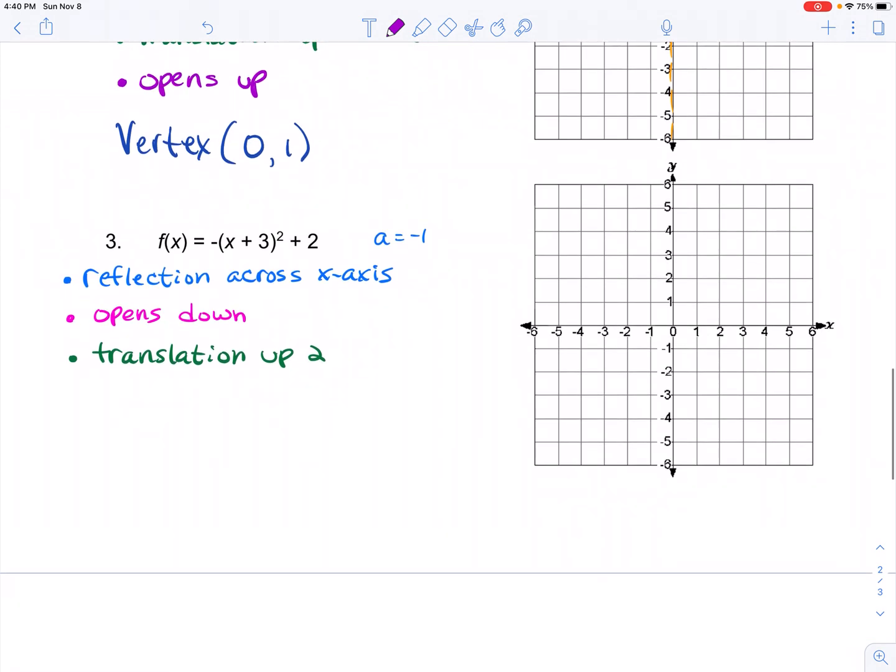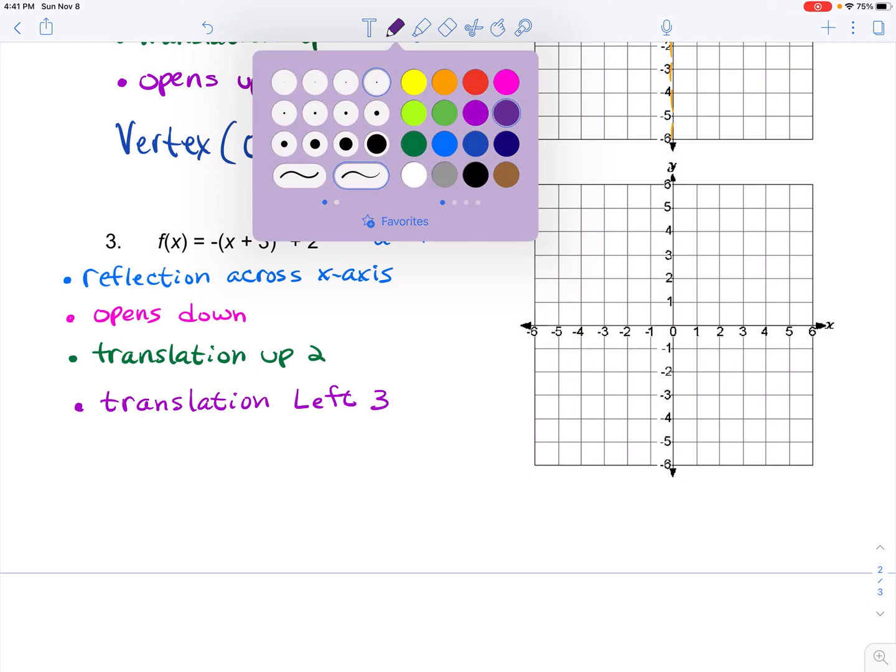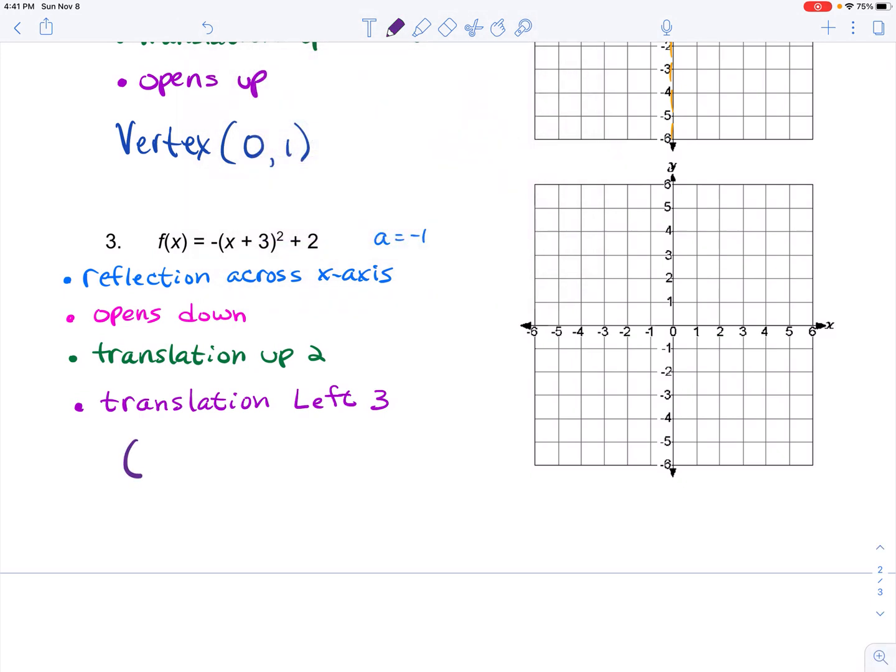Since this says x plus 3, that means you're x minus a negative 3. That means you also have a translation to the left 3 units.